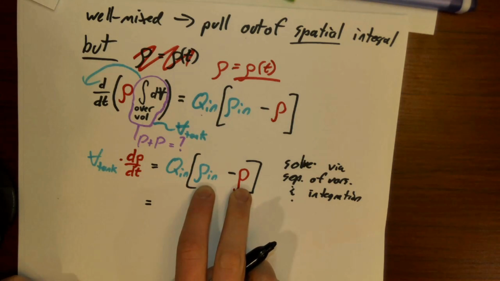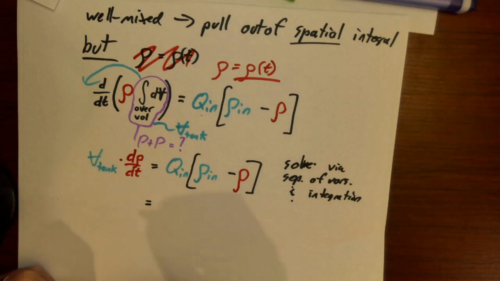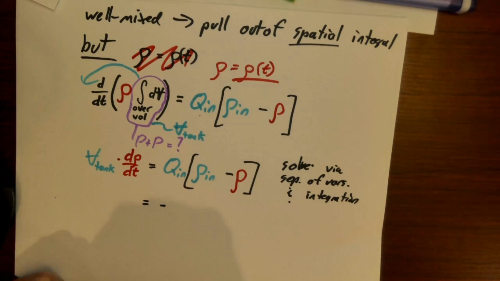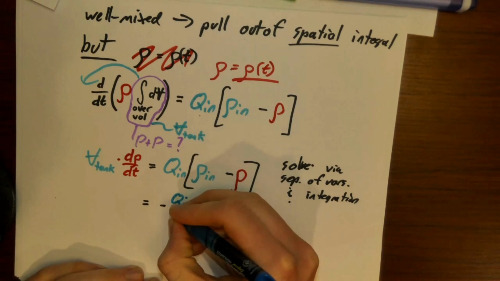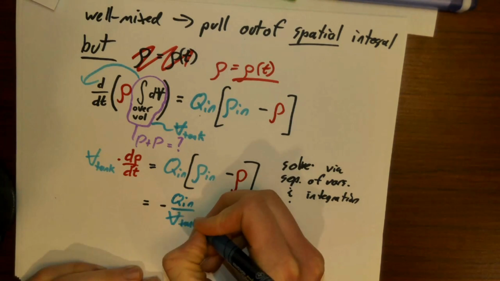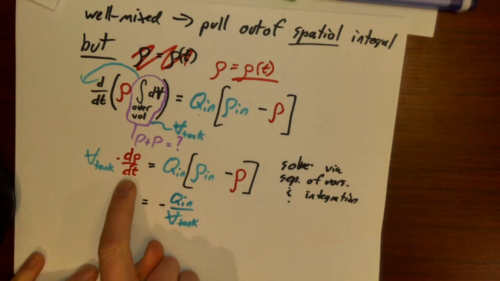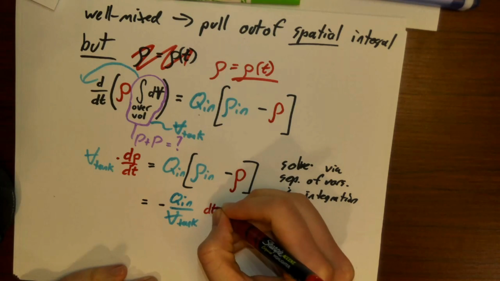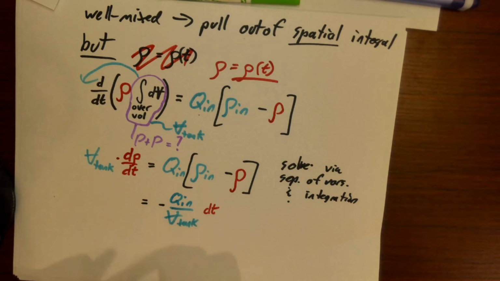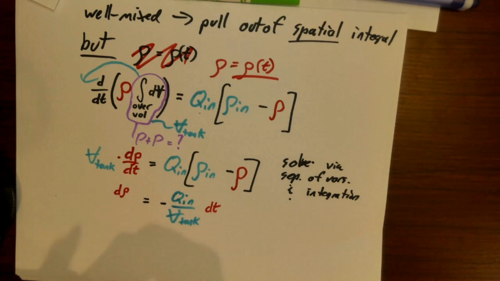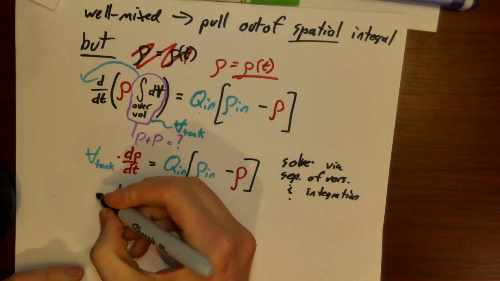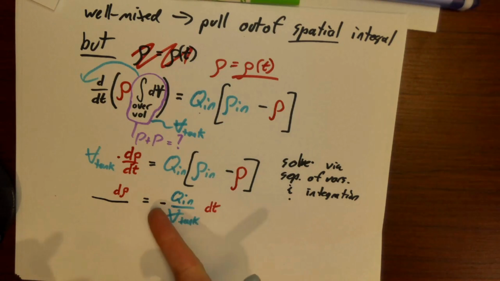I'm also going to divide both sides by the flipped version of this. So I'll end up with minus Q in over V tank on the right-hand side, and I'm going to bring dt over to the right-hand side as well. And then we're going to have d rho on the left-hand side, and remember I flipped these and factored out the negative sign, so now it's going to be d rho over rho minus rho in.